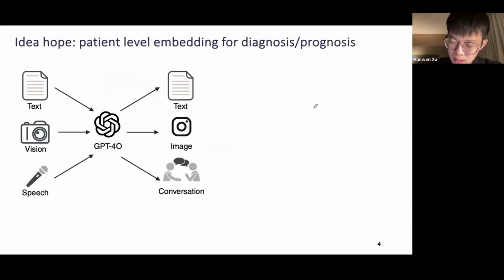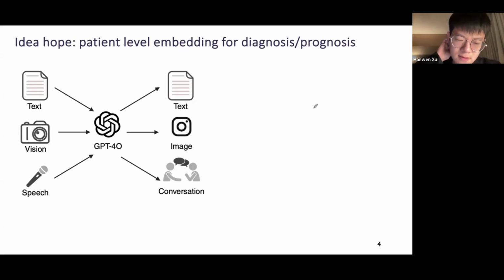This kind of multi-modal modeling approach is making waves in the general domain. A great example, as we all know here, is the GPT-4 model. It can take almost every kind of modality as input, including images, vision, and audio, and it can also generate everything from text to images, or even hold real-time conversations.